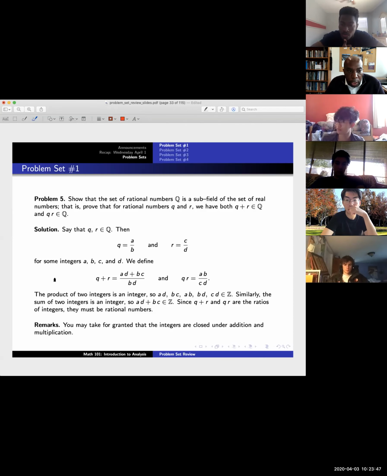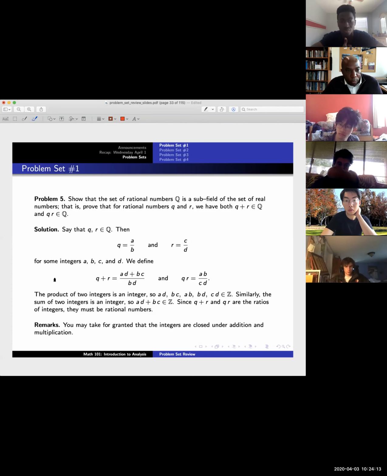So you just have to ask yourself, what's the definition of the sum of two rational numbers? What's the definition of the product of two rational numbers? Right? I would say that most of the rest of them, like the additive identity and the inverses, most of those don't really worry about because it's not worth it for this problem here. Okay, other questions?